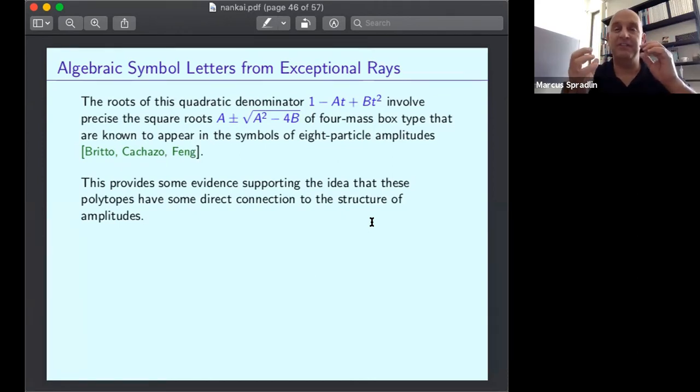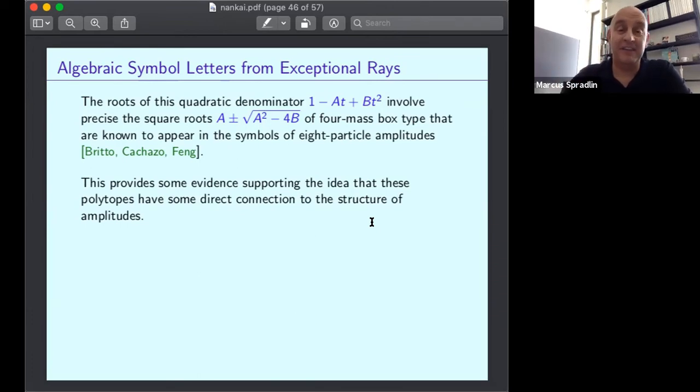So altogether, this is a construction that accidentally reduces to the usual cluster algebra case for n equals 6 and 7. But for n greater than 7, it extends beyond that and gives you some cluster variables and some algebraic functions of cluster variables, exactly what we see in amplitudes.